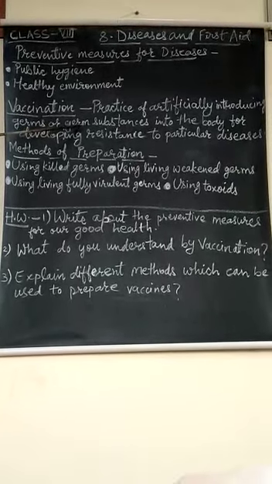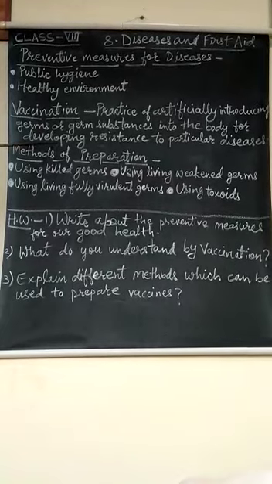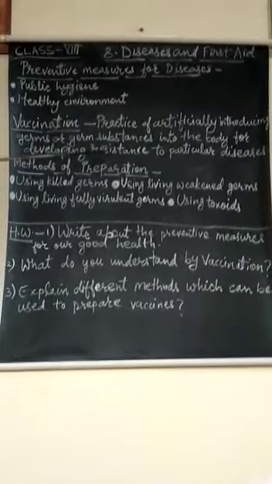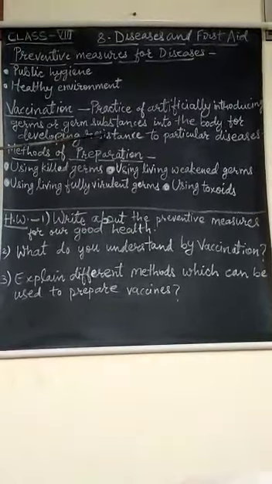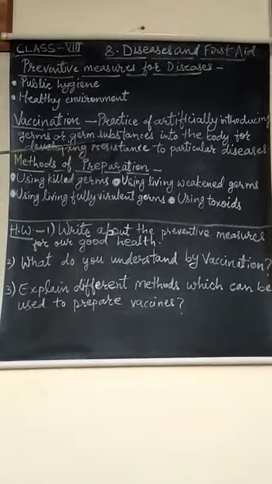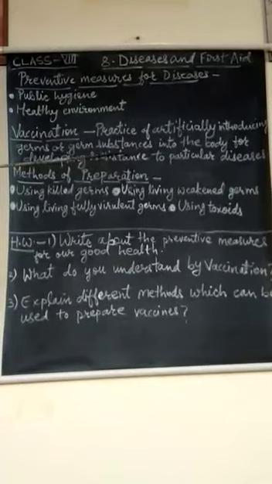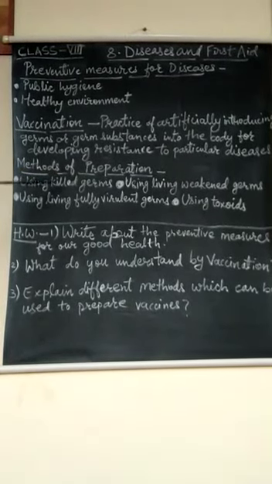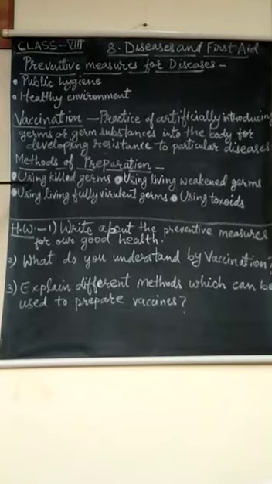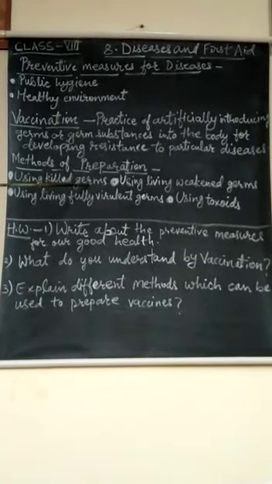So in this way, the person's body develops resistance, means capacity to fight against that particular disease is developed in that body. Now the different methods are: first method is using killed germs.